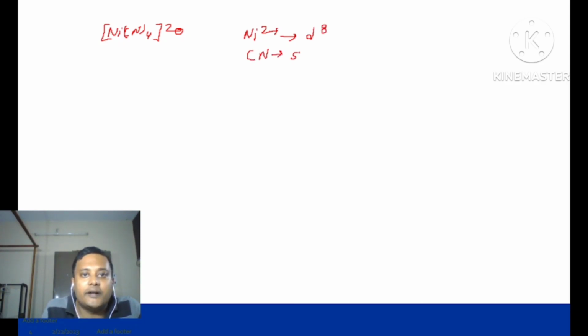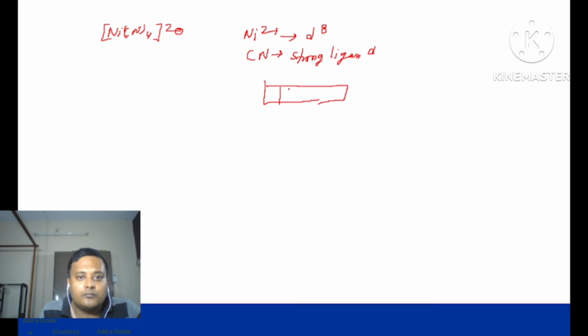Next, Ni(CN)4 2-. So Ni2+ means d8 system. Now CN is a strong ligand, so electrons are in paired condition.